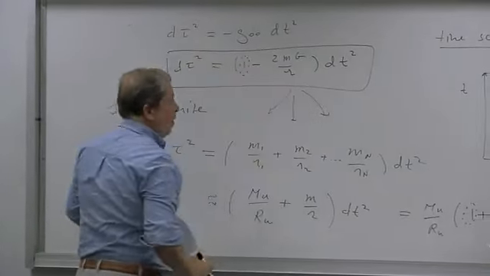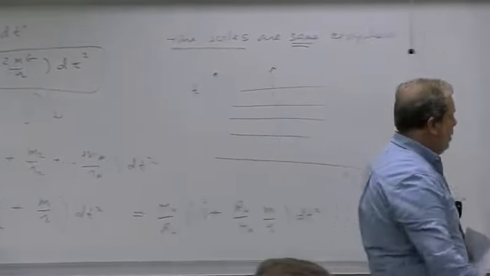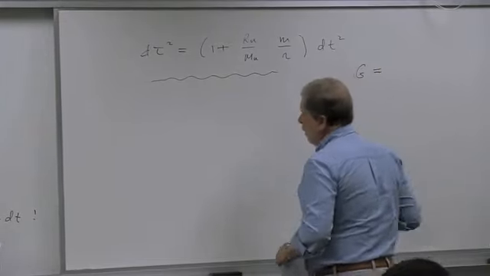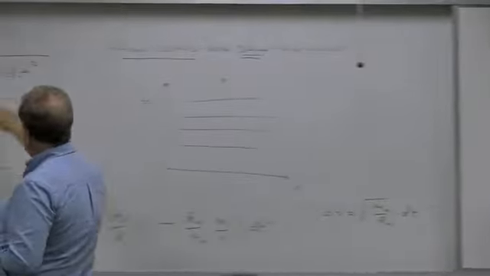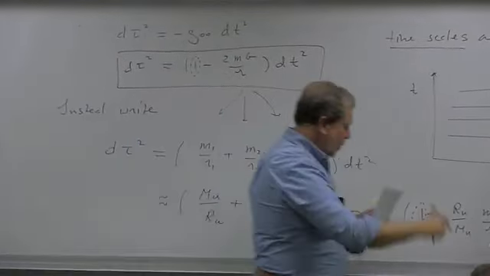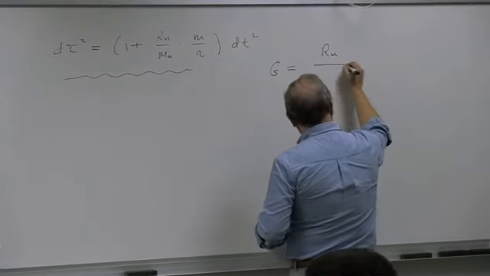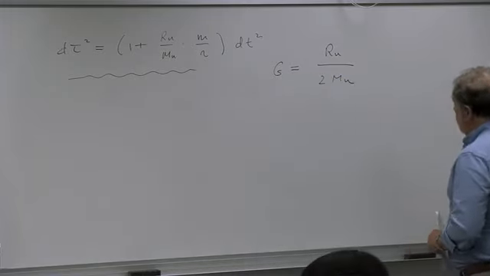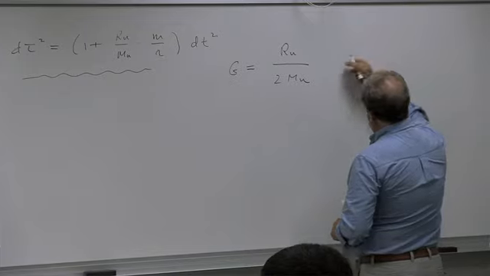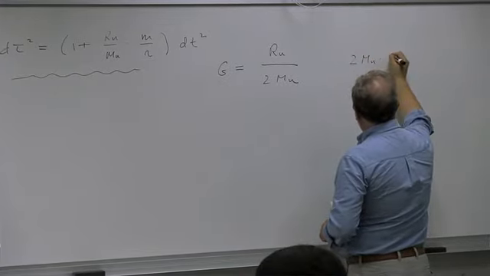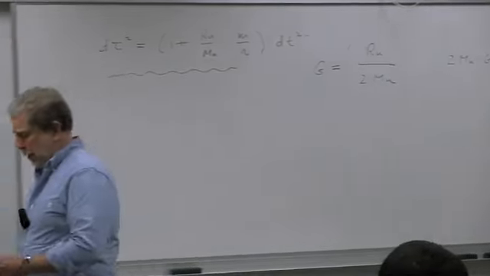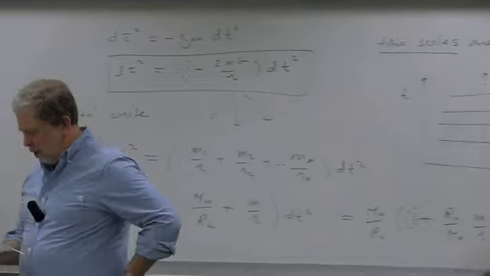And in fact, they look rather similar because there is certainly a 1 over r, and I would conclude that the g that appears over on this side is related to the radius of the universe and the total mass of the universe in this relationship, which can be written also as 2 mu times g equal to ru, which is what we shall see later to be the Schwarzschild radius.